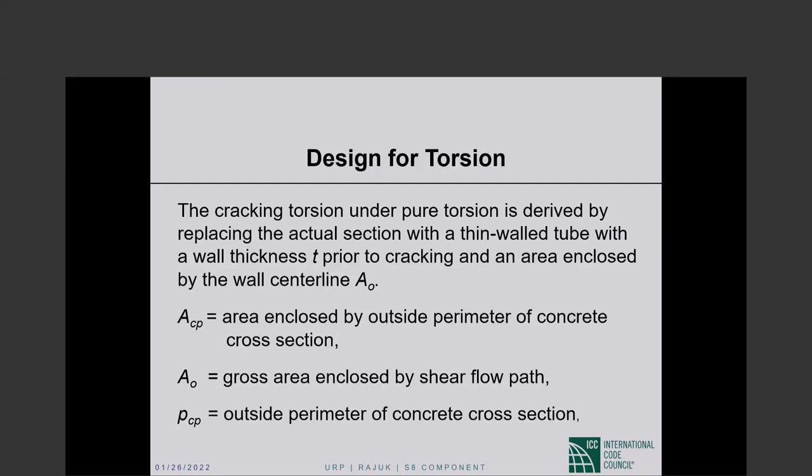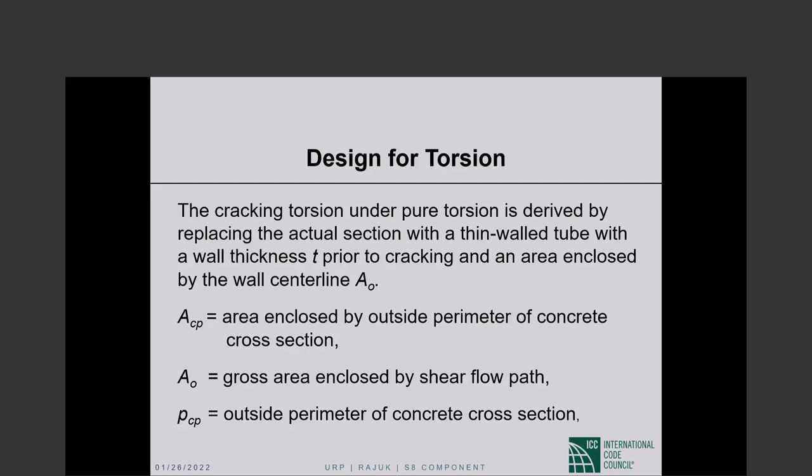So we will calculate our cracking torsion by replacing the actual member section with a thin-wall tube that has a wall thickness t, and we will see what this t is, and an area enclosed by the wall center line equal to A sub 0. This wall center line will become clearer as we go.